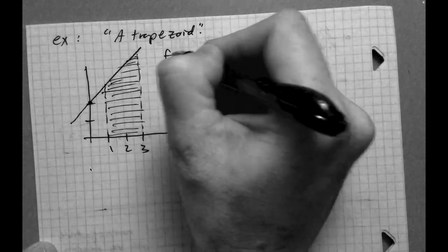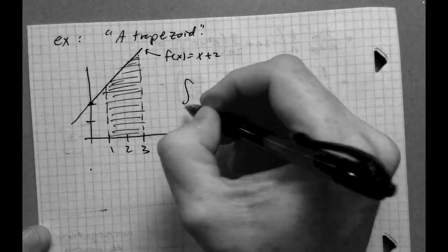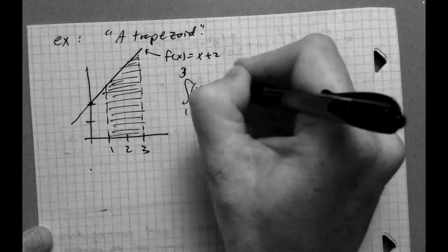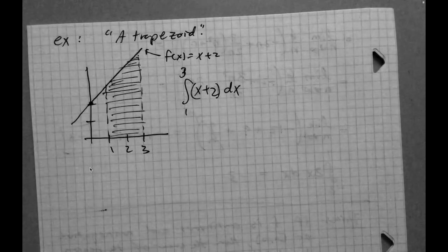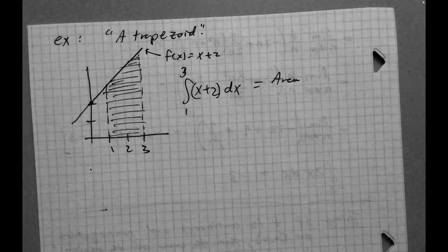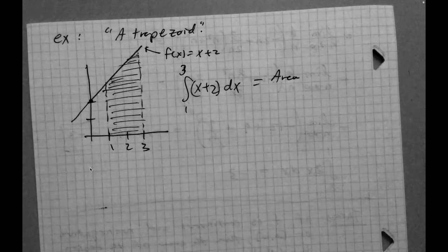The two edges are parallel and the other sides are arbitrary. So this would be the line f of x equals x plus 2 right here. The area of this trapezoid could be calculated as the integral from 1 to 3 of x plus 2 dx. So the area of this particular trapezoid could be captured using this.